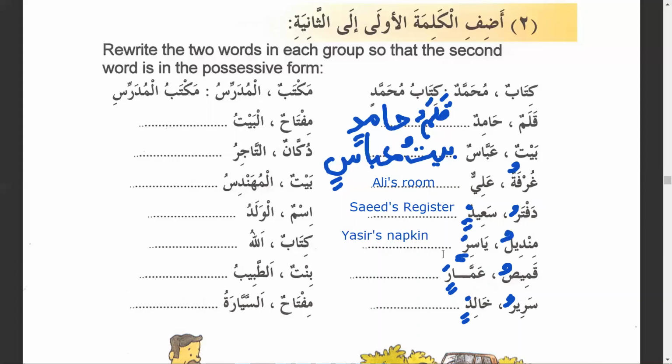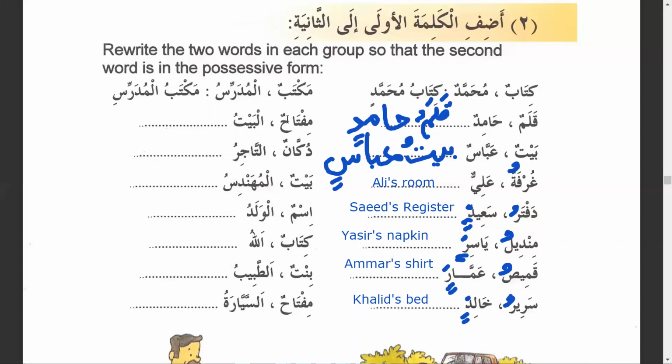And Qamisu Ammarin: Ammar's shirt. Yes. Then Sariru Khalidin: Khalid's bed. Yes.